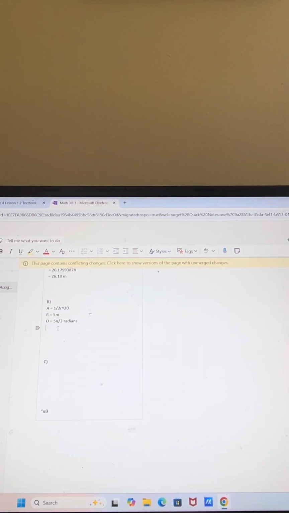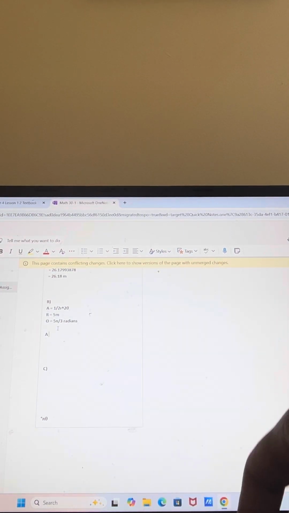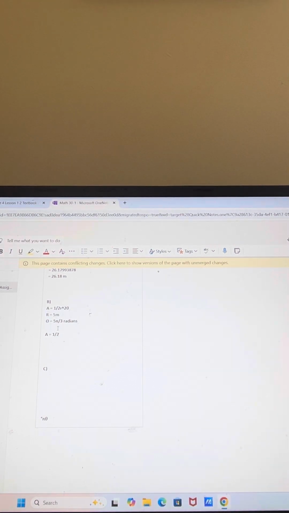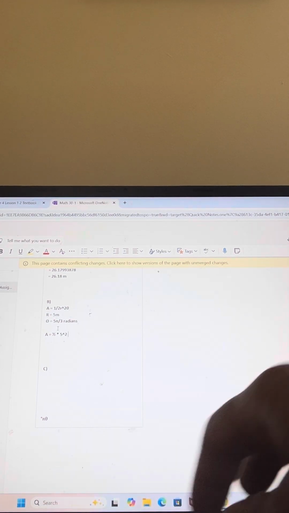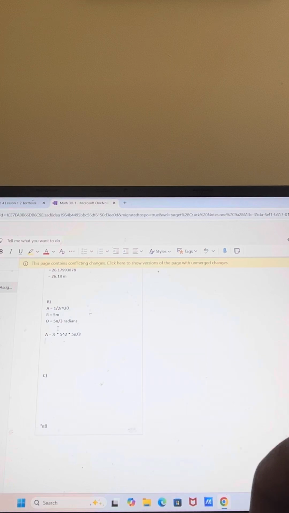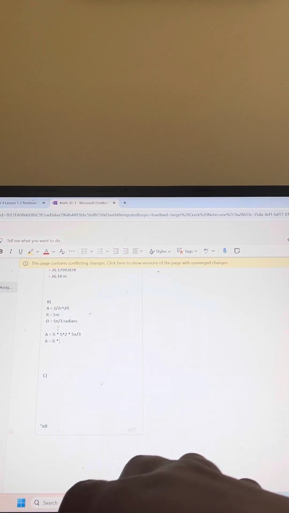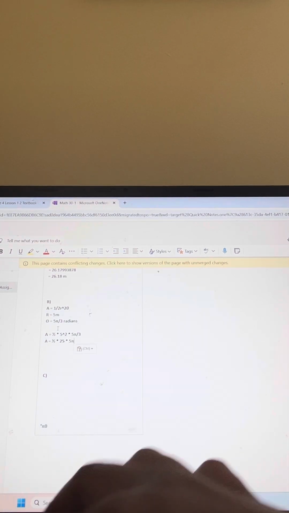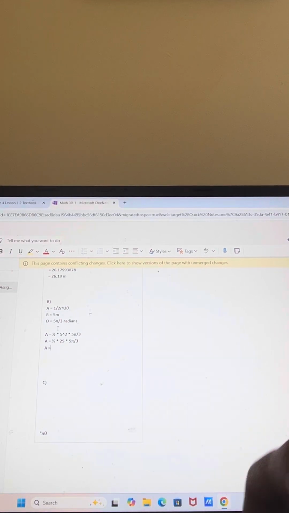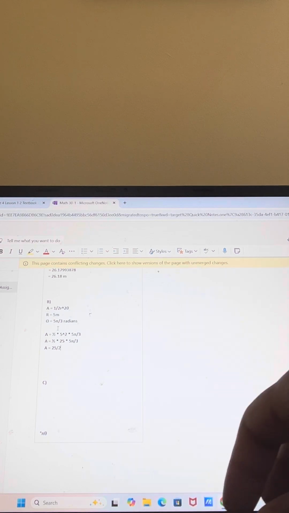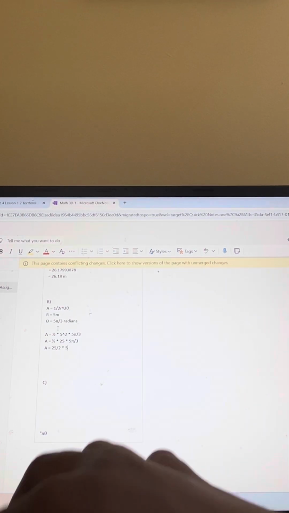So now that we have this, we just have to substitute it. So A is equal to half times 5 squared times 5 pi over 3. And if we simplify this, we're going to get one half times 25 times 5 pi over 3, which is 25 over 2 times 5 pi over 3.